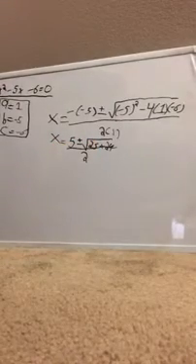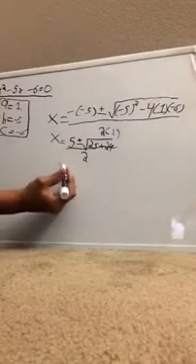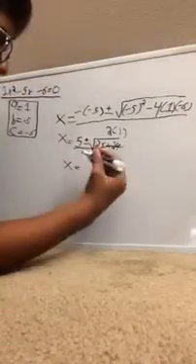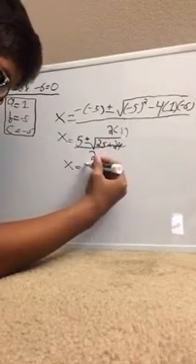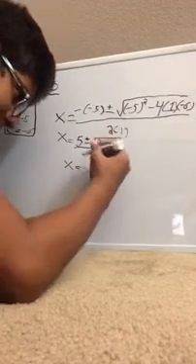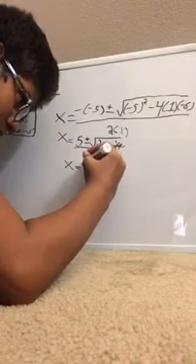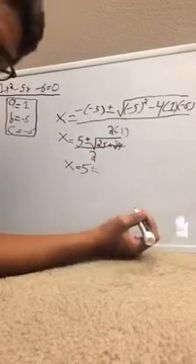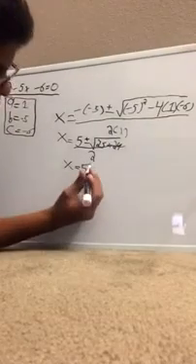Now let's keep simplifying. 5 plus or minus stays the same, because there's no way to simplify that.